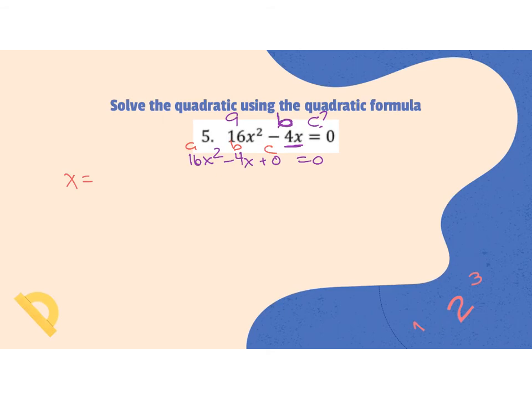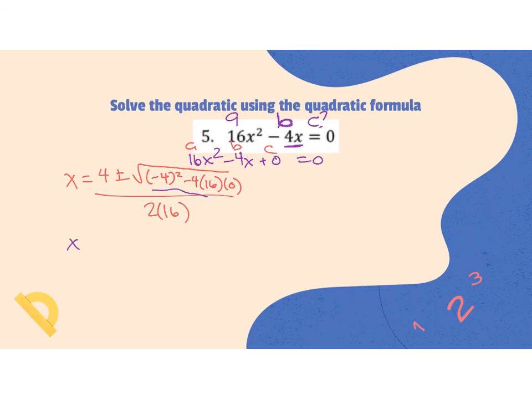So x equals the opposite of b, so that's positive 4 plus or minus the square root of negative 4 squared minus 4 times 16 times 0. Check that out. It's going to be interesting. So 2 times 16 in the bottom. Take care of the top.